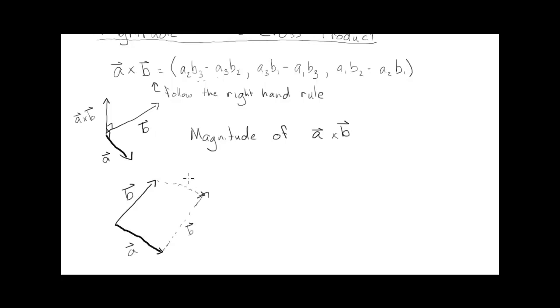So that's B and that's A, just repositioned. So this forms a parallelogram. You know, we saw this where you added A and B, right? It was the diagonal of this parallelogram. Well, it turns out the magnitude of A cross B is actually equal to the area of this parallelogram.